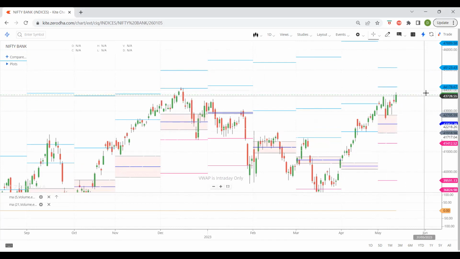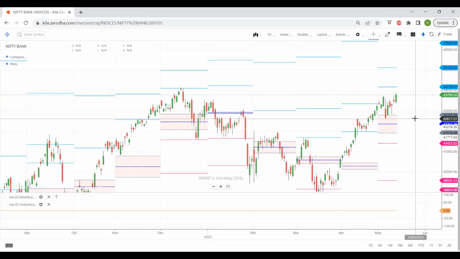And a break above these 44,180 levels will take it towards 45,000 levels, which will be its next target. So the Nifty Bank is definitely bullish, and on the downside, the support would come in at 42,600 levels.